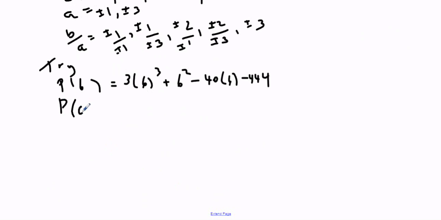So P of 6, 648 plus 36 minus, I can't even read my own writing, that's a 6, 240 minus 444. So 648 plus 36 minus 240 minus 444 is indeed equal to 0.